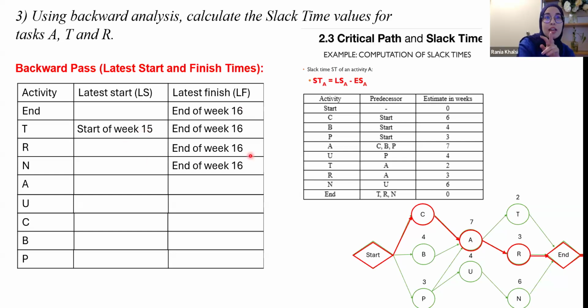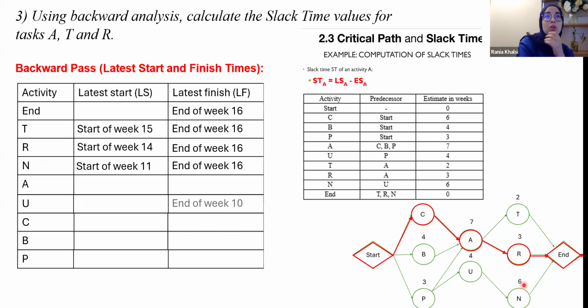For activity R, the latest finish is 16 and it takes 3 weeks, so the latest start is the start of week 14. For activity N, it finishes at the end of week 16 and takes 6 weeks, so its latest start is the start of week 11, okay?